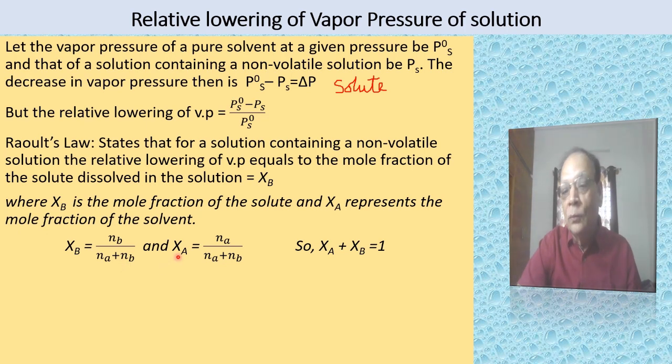And similarly, the mole fraction of solvent is the number of moles of solvent divided by the total number of moles present in the solution of solvent and solute. Now, if we add them up, we get mole fraction of solvent plus mole fraction of solute equals 1. So the mole fraction of solute can be represented in terms of the mole fraction of solvent also. It will be 1 minus the mole fraction of solvent.